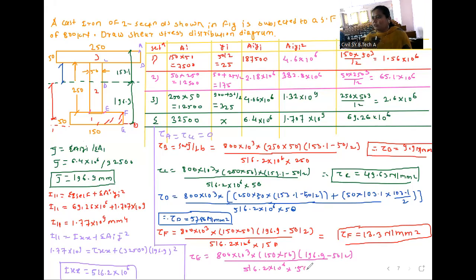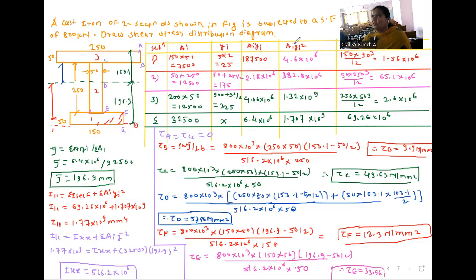So tau E is equal to 39.96 Newton per mm square. Okay, so this is the stress at E point.